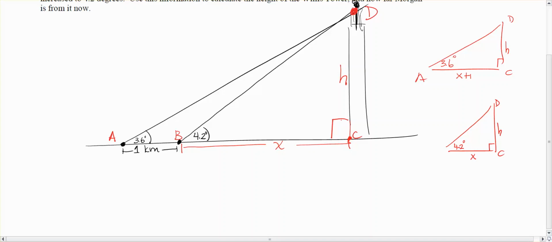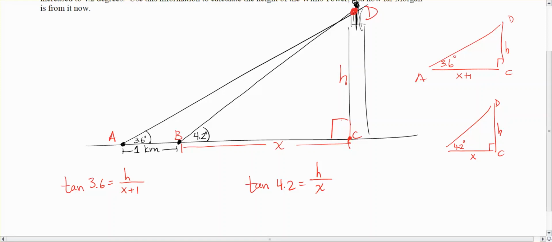So something we can set up is tangent ratios. So if I do the top triangle first, tan of 3.6 equals H over X plus 1. And if I set up the second triangle, tan of 4.2 equals opposite H over adjacent X.